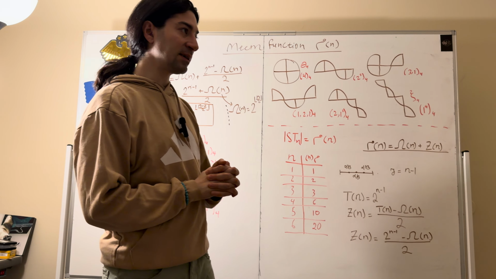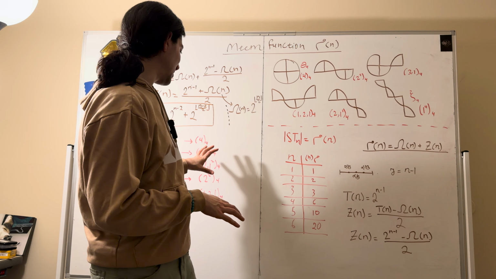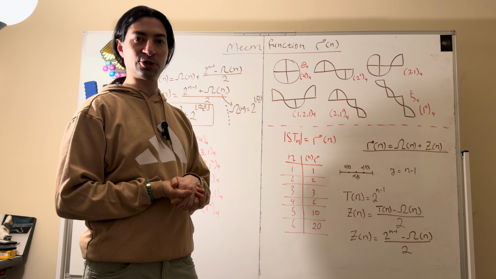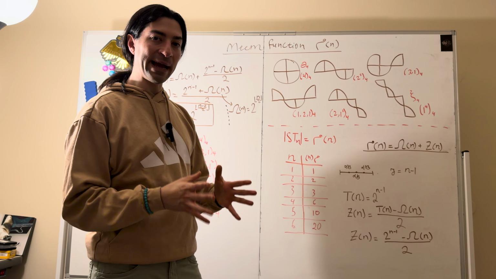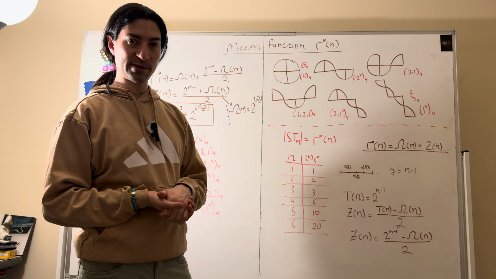To do that, let's go back to the idea of looking at the joints within the structure. So a sectoral structure of degree n will have n minus 1 joints.